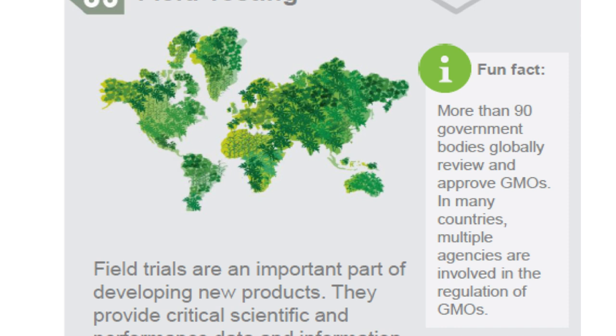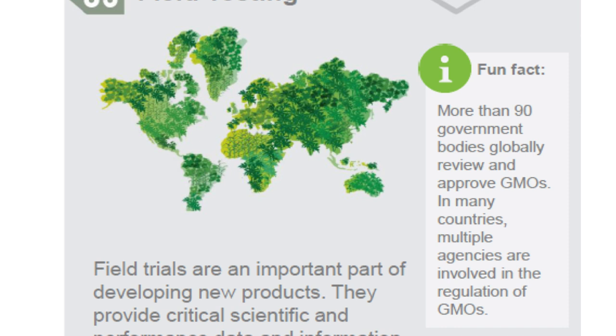For example, its pollen could be transferred to other plants and cause those other plants to not grow correctly, or to gain something that gives them an advantage so that they overtake the crop that you made a GMO.